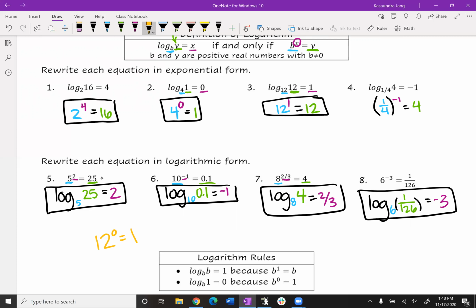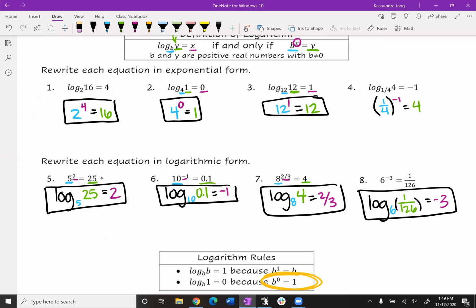That's our exponent rule, which we're about to talk about. A base raised to a power of 0 is 1. But turned into logarithmic form, I would have log base 12 of 1 equals 0. So your exponent could be a 0. That's fine. Is that what you were talking about? Uh-huh.